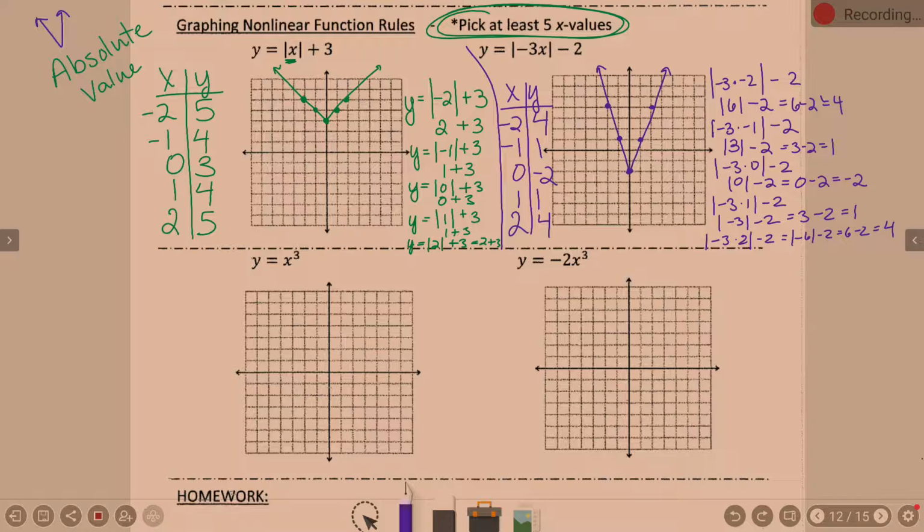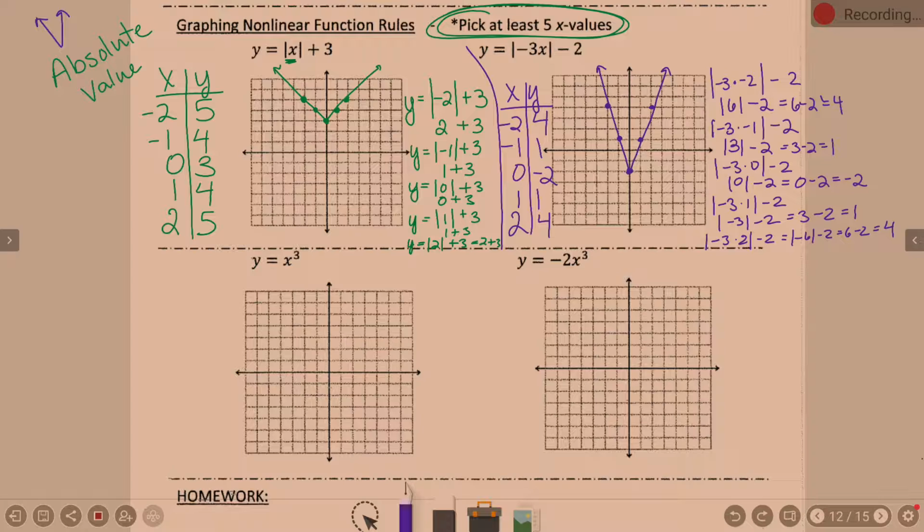Now we've got one other type here in the examples. What do you notice about these? What's different about the equation? They have an exponent, specifically an exponent of x to the third. So in this case, we're looking at what an x to the third graph looks like. It's still not linear.